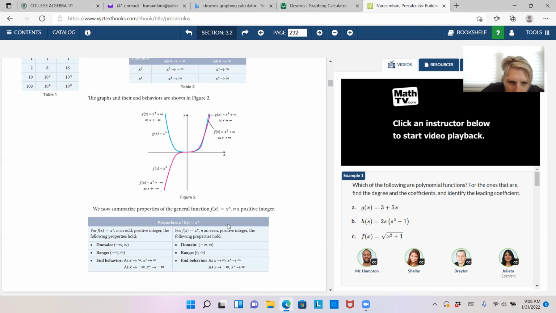When the exponent, the highest degree, is even, you can see that the domain is still all real numbers, but the range is from 0 up, because you can see that in blue, the entire shape is facing up. So the evens are both facing the same way. Notice that to the left and to the right, they're both facing up. The odd, this x cubed, one is going down and one is going up. So odds have opposite behavior, evens have the same.